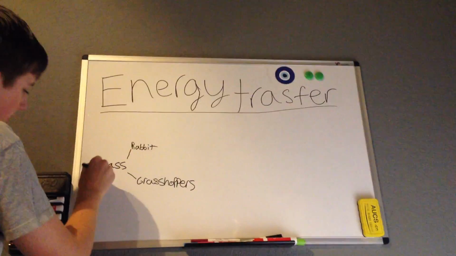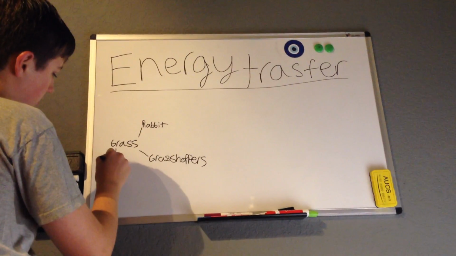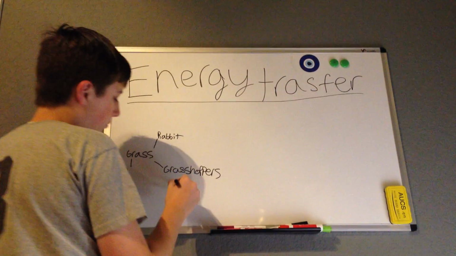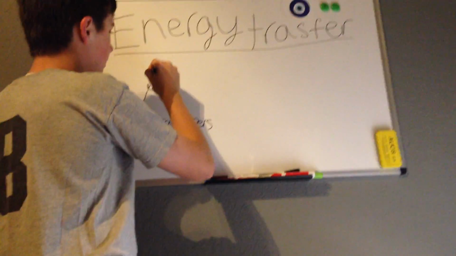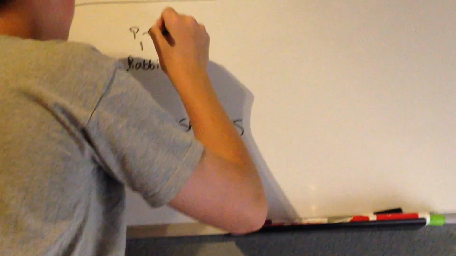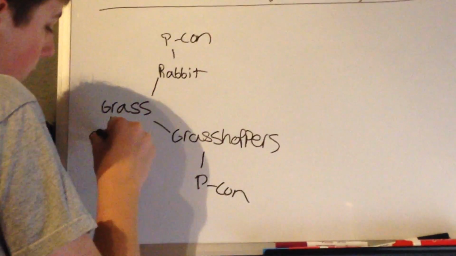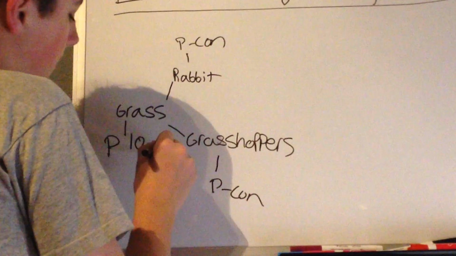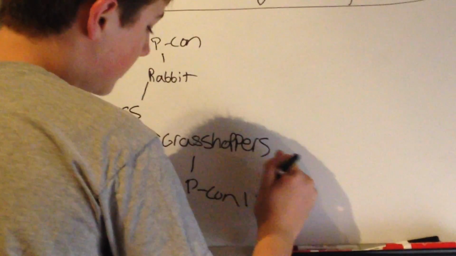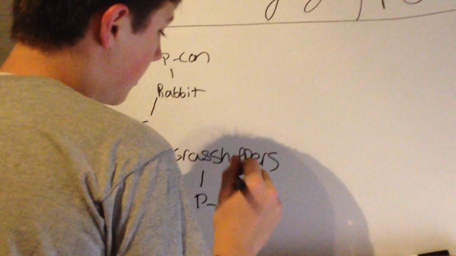So this is your producer. This is your primary consumer. This is also a primary consumer. So these have 100% of the energy. These have 10% of the energy.